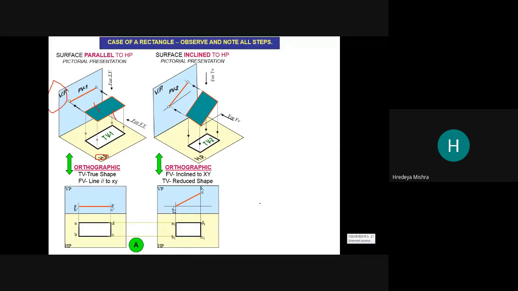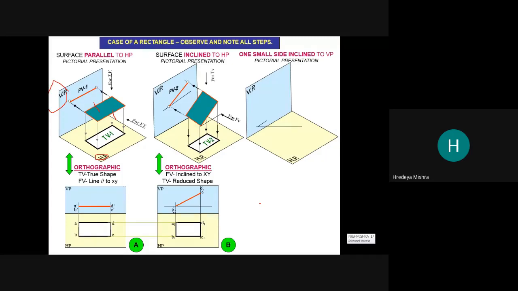Now the third case. See, in the third case, one small side is inclined to the vertical plane. Then what will happen? See, same things, vertical plane and horizontal plane are there.